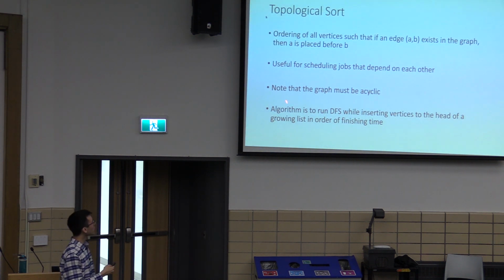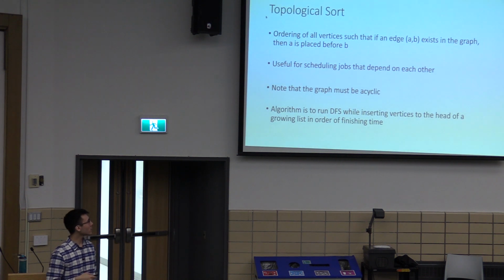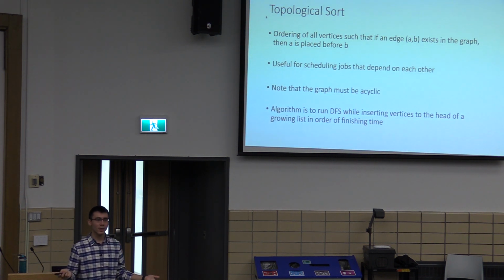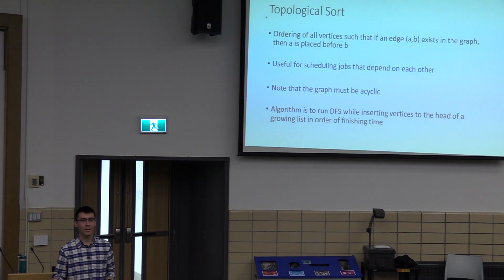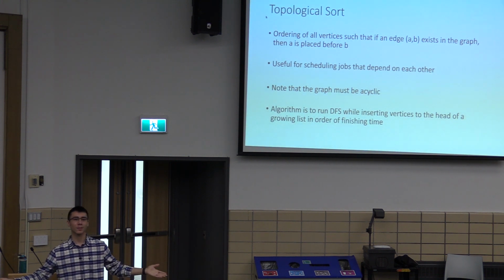The algorithm to run topological sort makes use of the finishing time that we used before. Basically, just run the depth first search algorithm, and whenever you reach a finishing time, you insert that vertex onto a growing linked list.